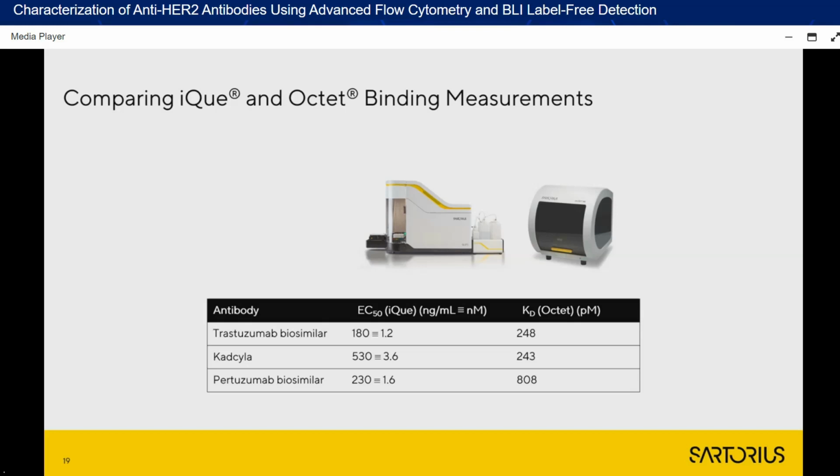Whereas on the Octet, obviously the focus is more on that molecular level interaction and the association and dissociation kinetics. But then again, we are also using a solubilized and truncated form of that HER2 protein. So really, yeah, both instruments are going to give some useful data to describe those molecules.